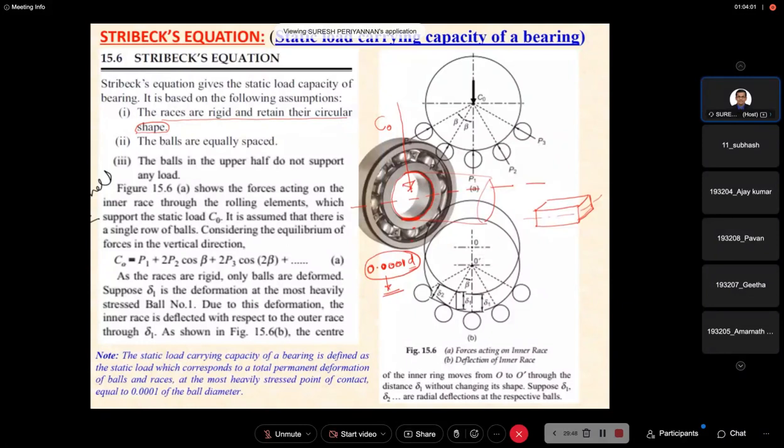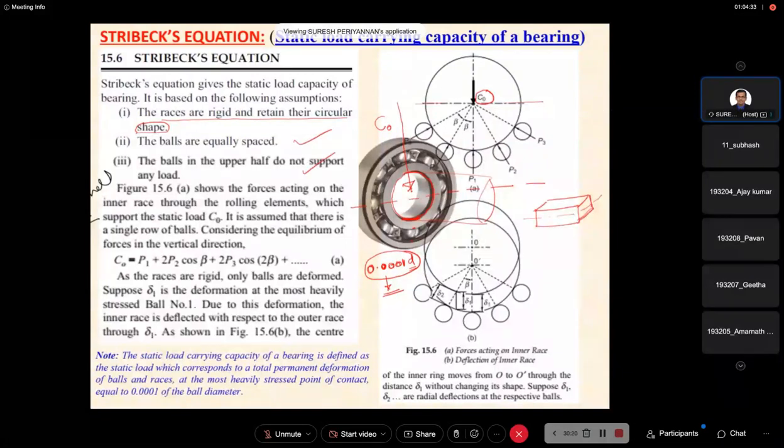We consider only the bottom row balls; when the load C naught is acting, the top row balls above the bearing are not subjected to any load. Only bottom row balls we consider in this development. The balls in the upper half do not support any load. That is also one assumption.